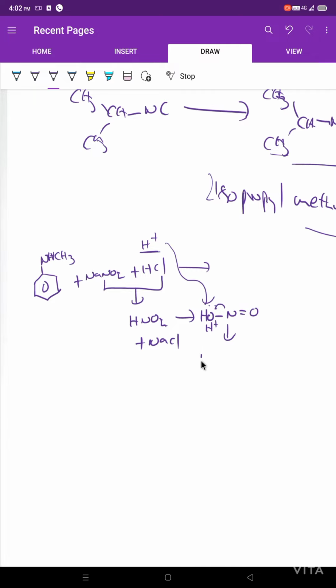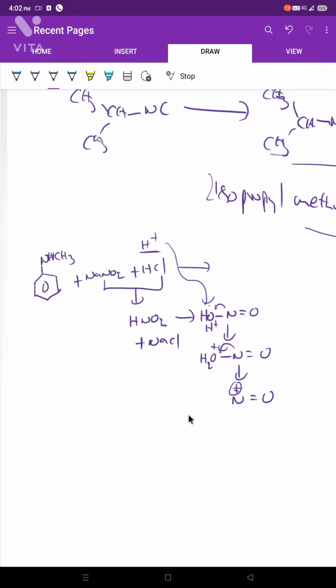The reaction is like this: HO–N double bond O is replaced like this, and you can get N plus double bond O.